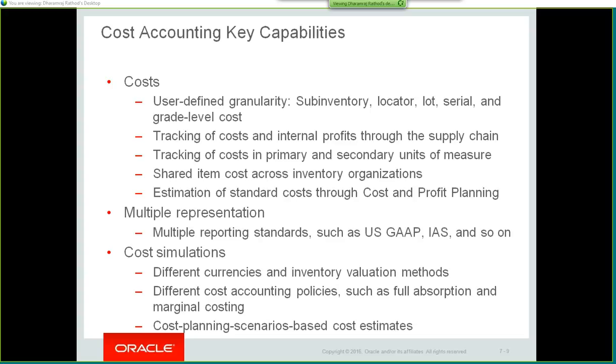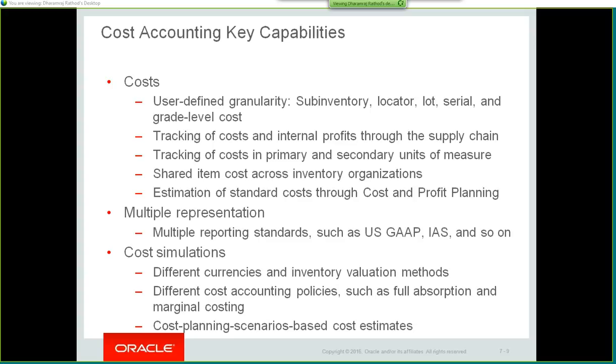So you have flexibility to have the multiple reporting requirements fulfilled by multiple representations of your cost, and that could be through different currencies or different valuation methods. Valuation method, I'll talk about it in some time. Or for that matter, cost method could be different.